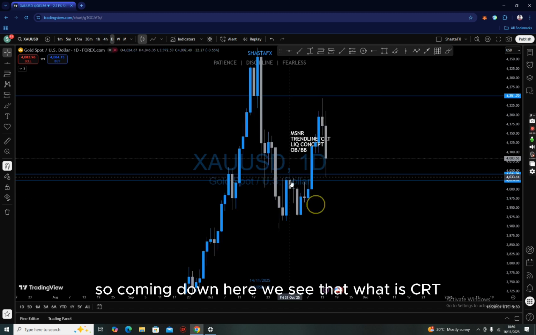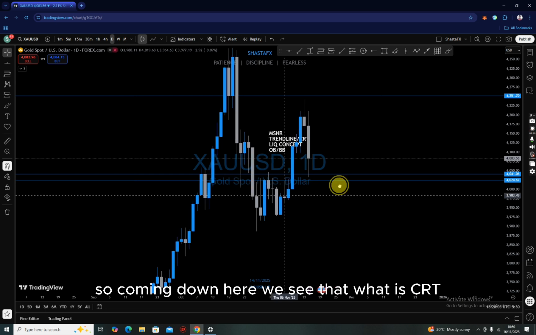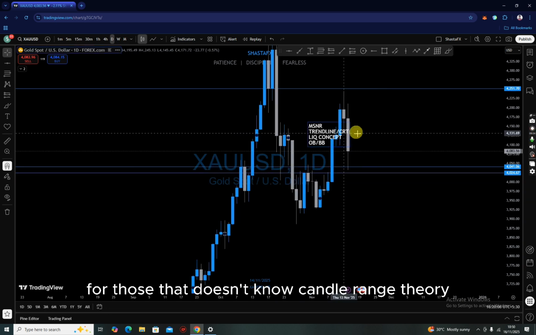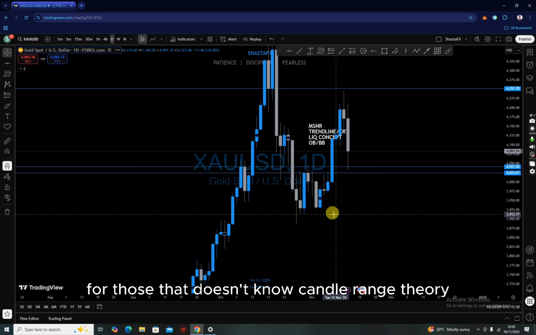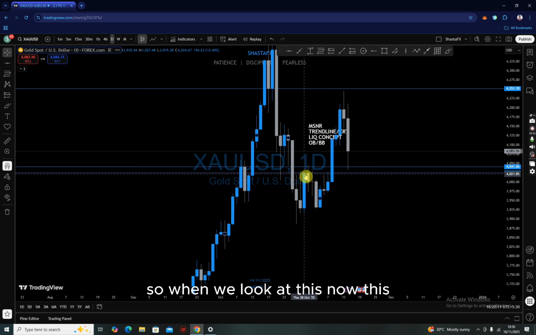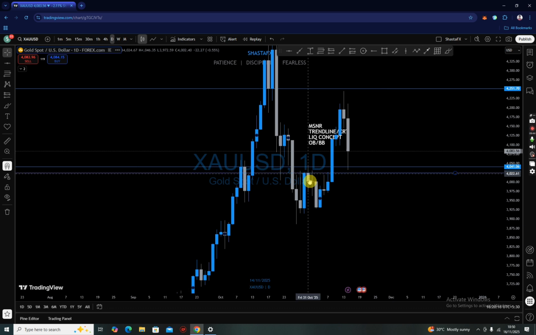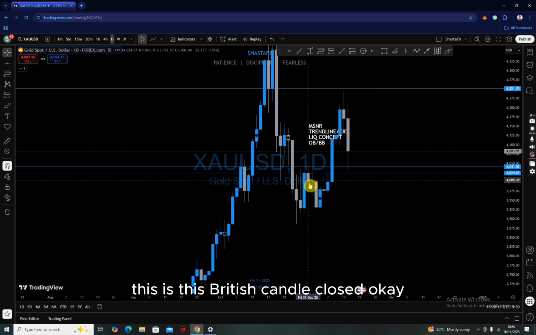So coming down here, we see what is CRT, which is candle range theory. For those that don't know, candle range theory. So when we look at this now, this is our bullish candle, and this particular bearish candle closed.